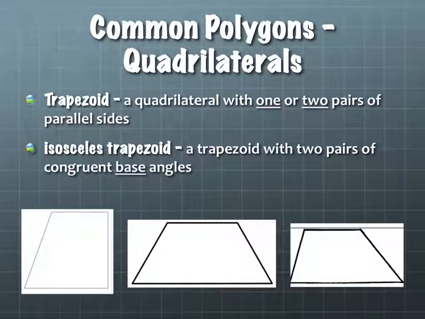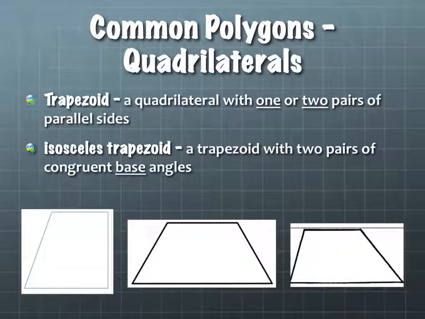The other definition you sometimes will hear is only 1 pair of parallel sides, okay? That's not especially helpful because that gives me 2 distinctly different definitions, and there's not one that's more commonly used than the other, unfortunately. An isosceles trapezoid is a trapezoid with 2 pair of congruent base angles. So the pictures that are in here are actually all pictures of trapezoids.